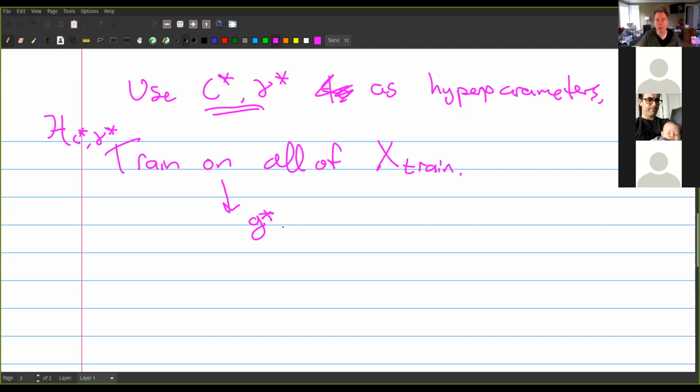Let's call it G star. And now we can use the test set to approximate the out-of-sample error of G star. So this will be our out-of-sample estimate.